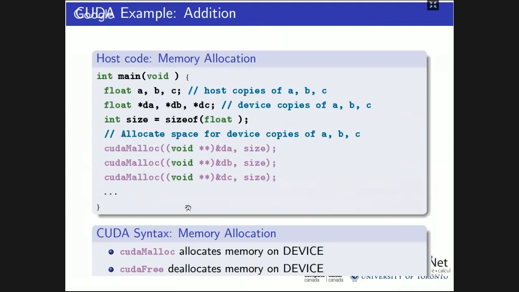Then we are going to allocate the space for the copies on the device, which we do with cudaMalloc. We pass the pointers and the size. So cudaMalloc allocates memory on the device. cudaFree deallocates, so we have to take care of that at the end as well.